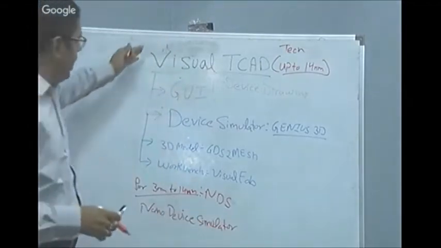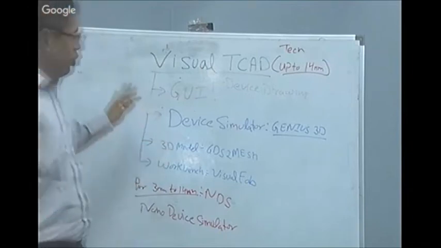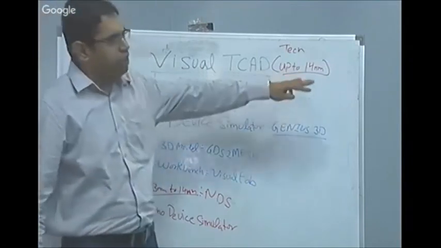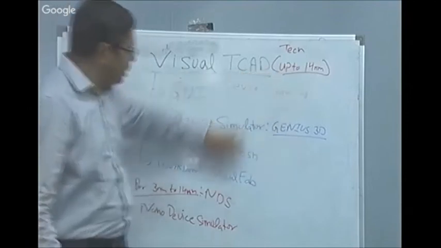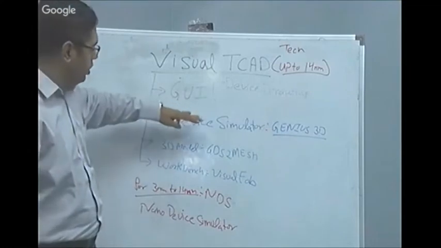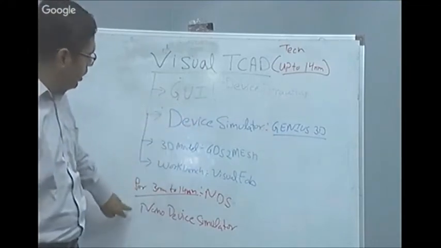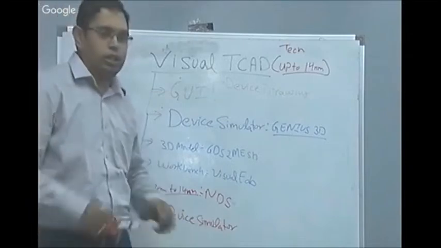So we have a complete solution for semiconductor device designing. If you want to make a device up to 14 nanometer, you can use the Visual TCAD environment. And if you want to make a device lower than 14 nanometer, you can use our advanced module that name is Nano Device Simulator.